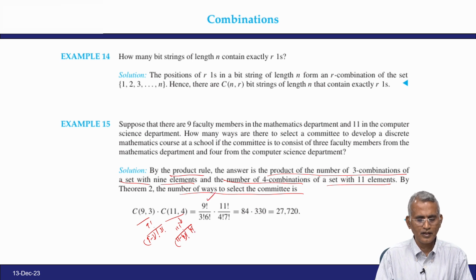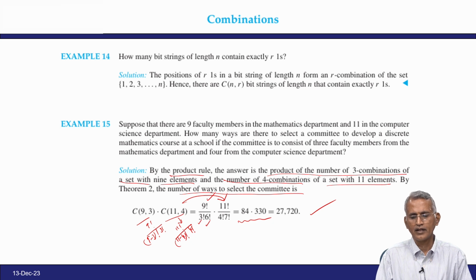Which is equal to 9 factorial by 3 factorial into 6 factorial, and for the second one 11 factorial by 4 factorial into 7 factorial, which is equal to 84 into 330, which is equal to 27,720. So, this way we can choose the committee to develop a discrete mathematics course, consisting of 3 faculty members from the mathematics department and 4 from the computer science department.